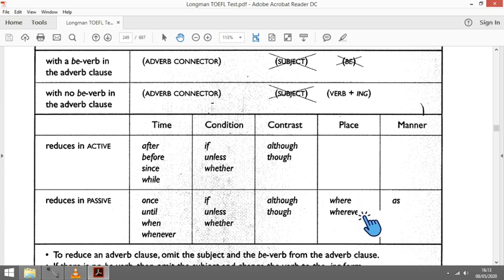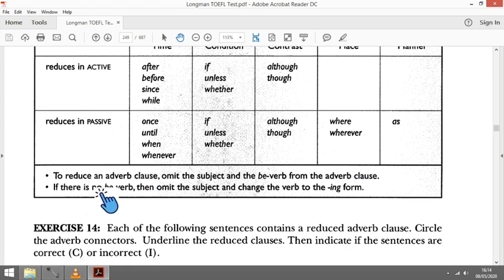Look at this: when, adverb clause, talking about time; where, talking about place. To reduce an adverb clause, omit the subject and the be verb from the adverb clause. If there is no be verb, then omit the subject and change the verb to the -ing form.